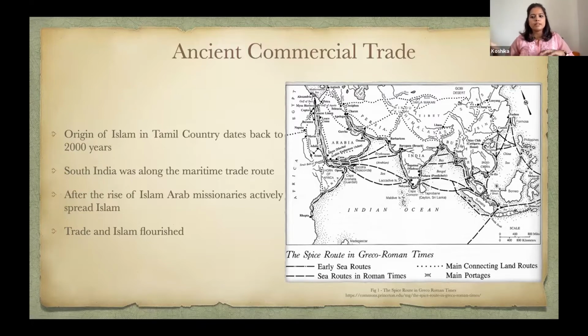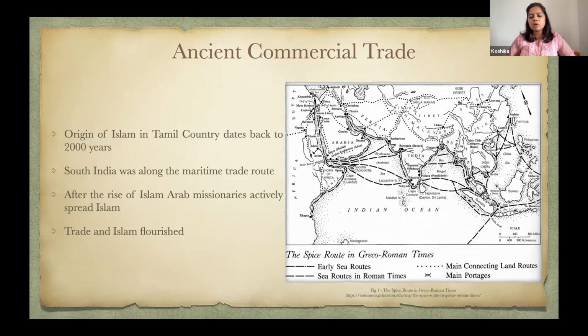Likewise, the Chinese coming from China stopped in Tamil Nadu and then moved to Arabia. That is how the trade was happening during the 1st and the 2nd century, and that is how Islam came into Tamil Nadu.